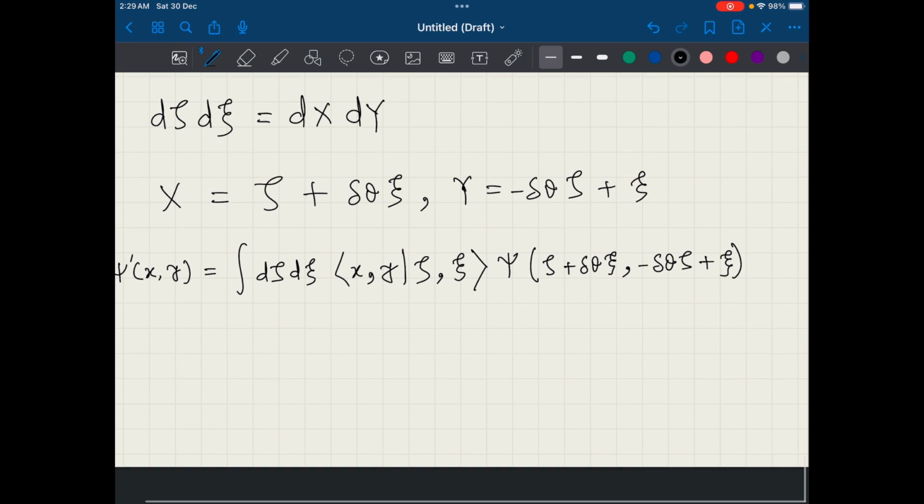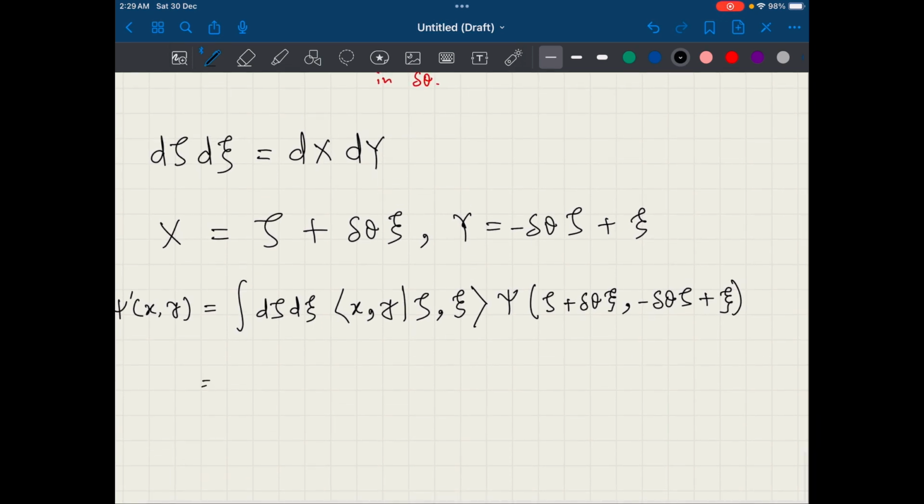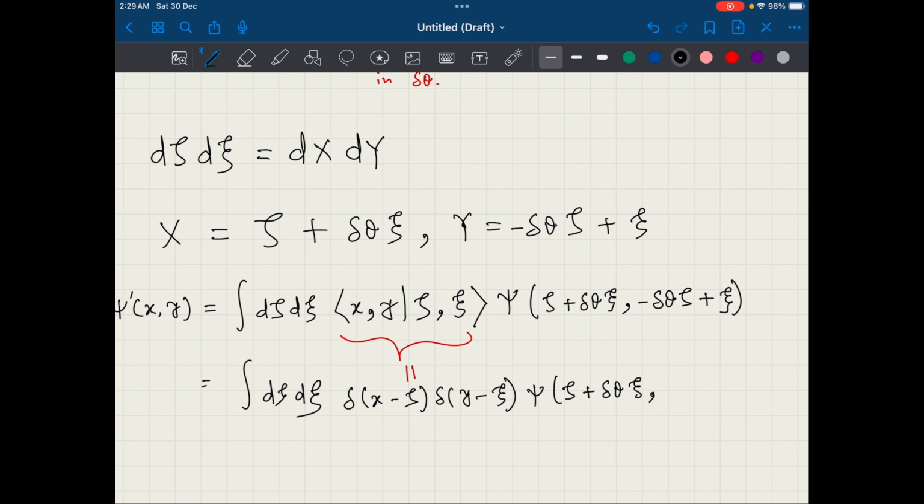So this is the thing. Now we know this is equal to delta of x minus zeta, delta of y minus xi, from the orthonormality condition of this position ket.